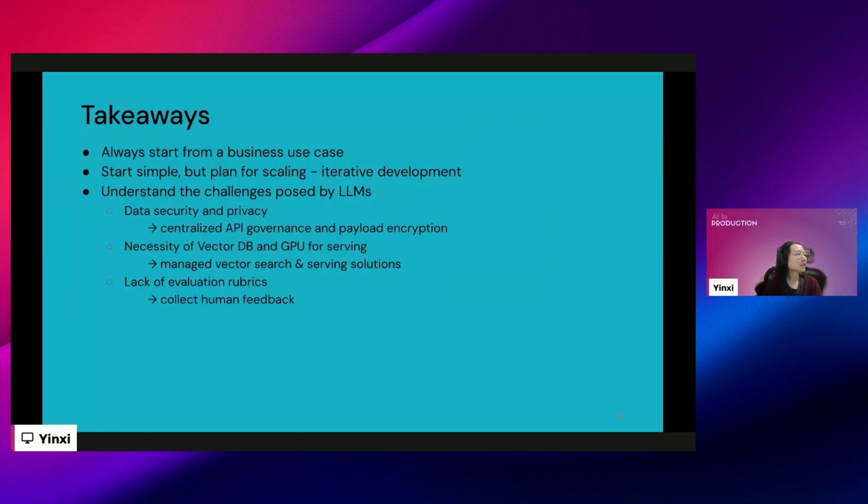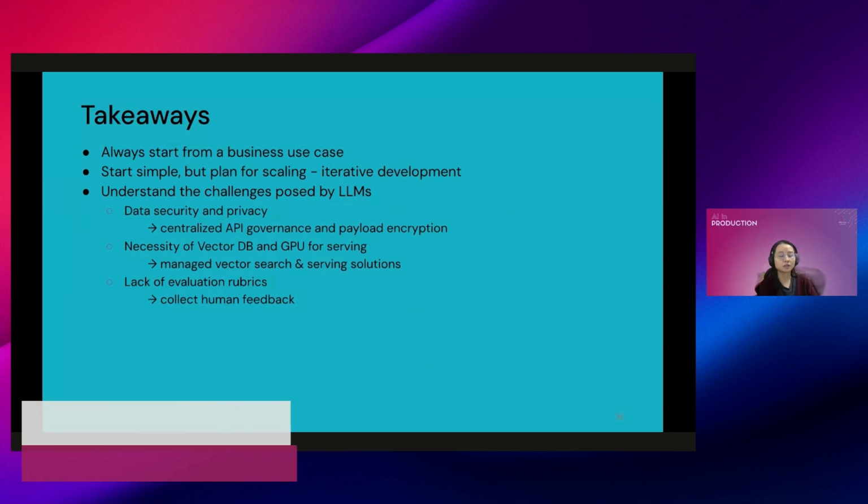All right, the key takeaways I want to highlight: for LLM application design, always start from a business use case. Start simple, but plan for scaling. Remember it's going to be iterative. Your model development does not stop at the time when the model is first deployed into production, right?